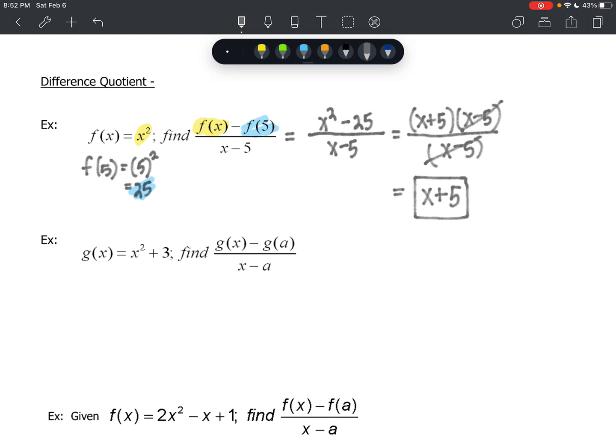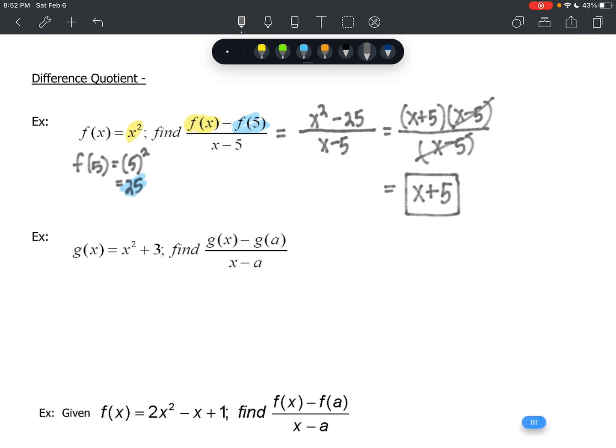Okay, let's try that again. Here we have g of x equals x squared plus 3. Well, what is g of x? It's x squared plus 3. So everywhere I see a g of x, I can put x squared plus 3. And then g of a, what's g of a? Well, g of a is a squared plus 3, right?